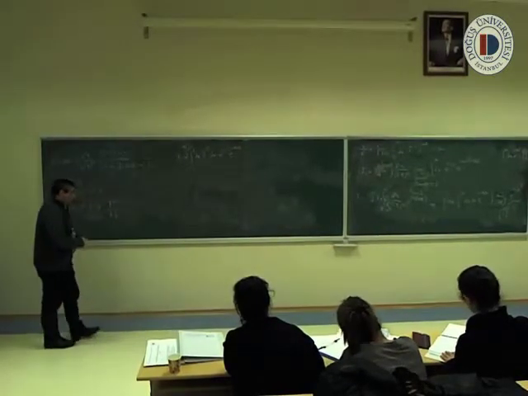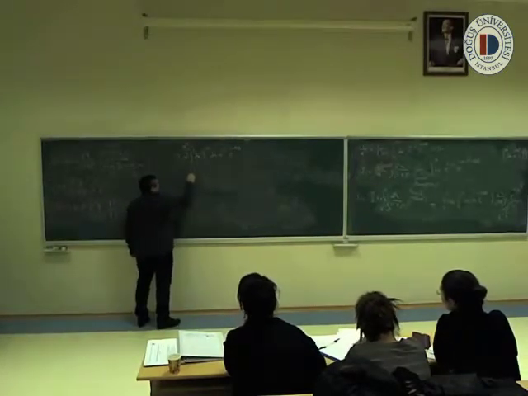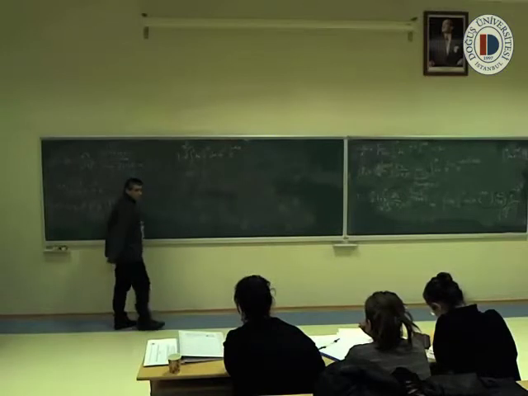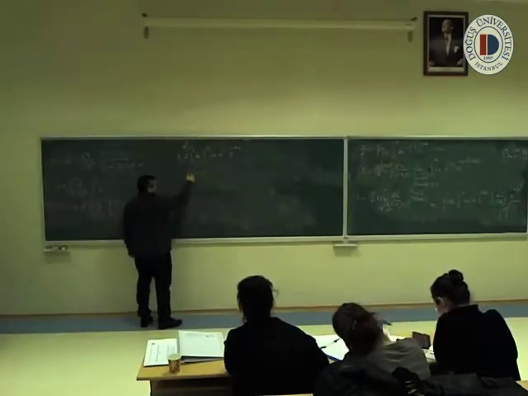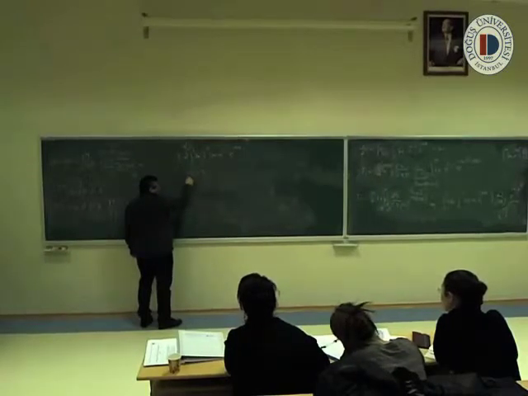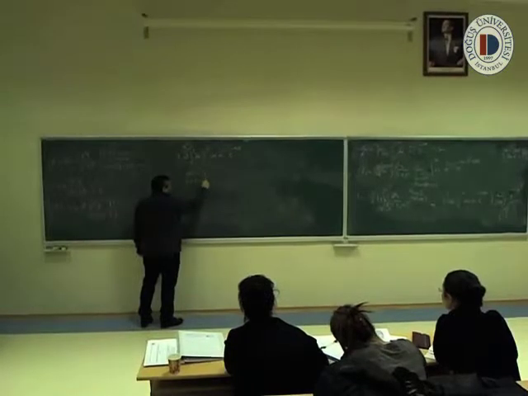Now if I change the variable, I consider alpha delta as t, and delta is constant with respect to alpha, so it does not depend on alpha, so d alpha equals dt over delta.